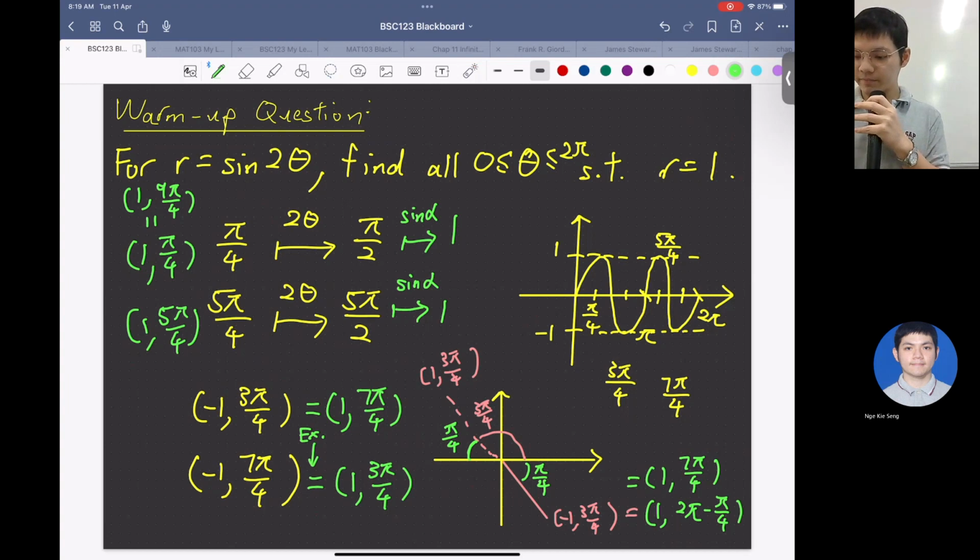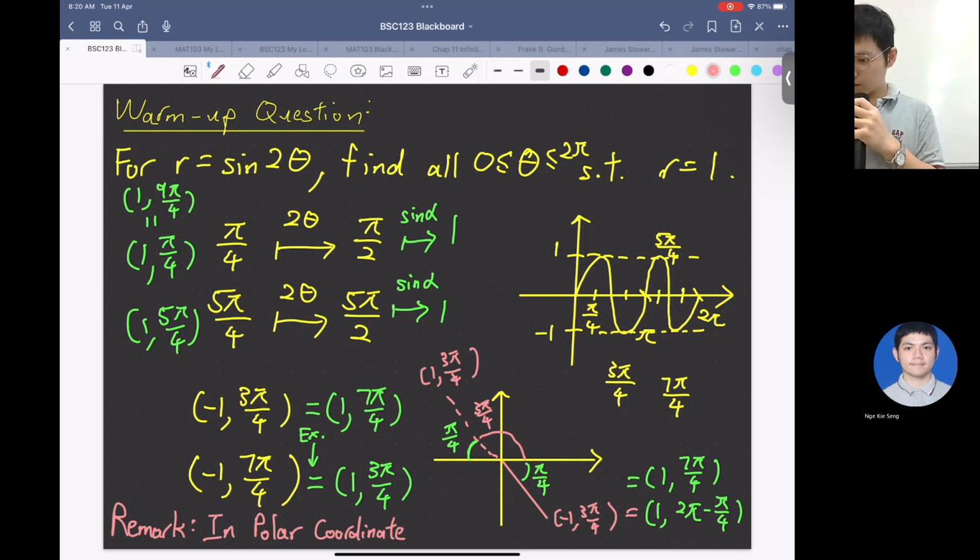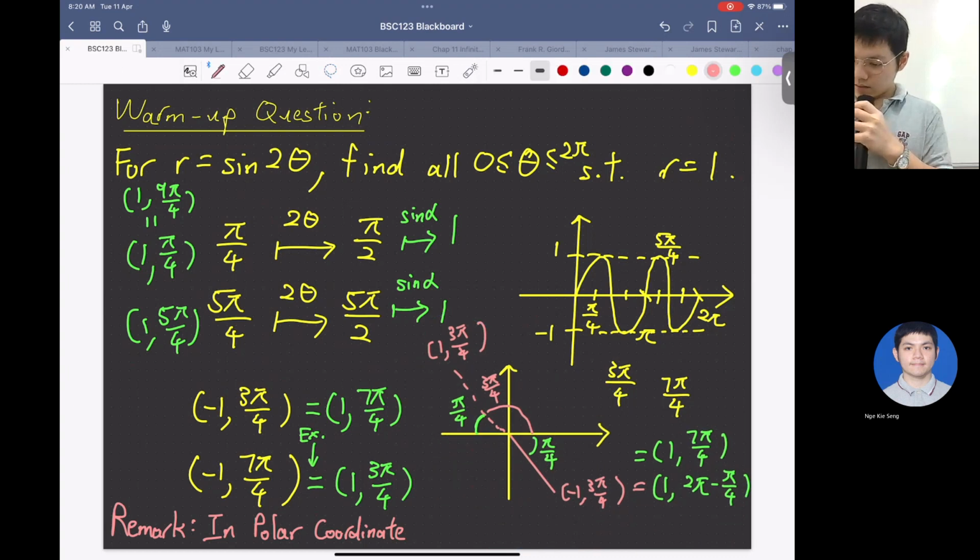So let me put it down. Remark: in polar coordinates, we identify theta and theta plus 2 pi.